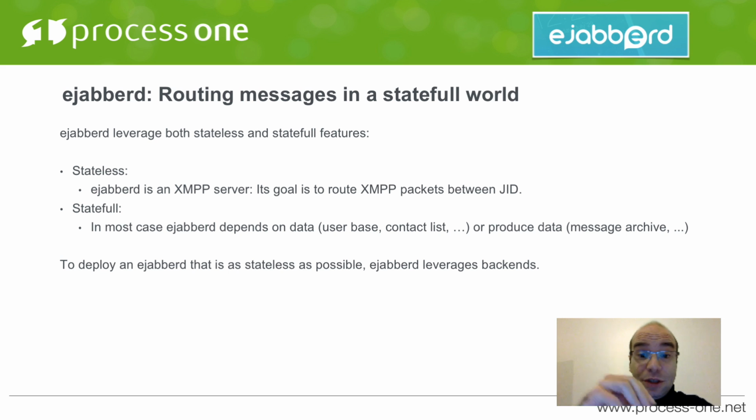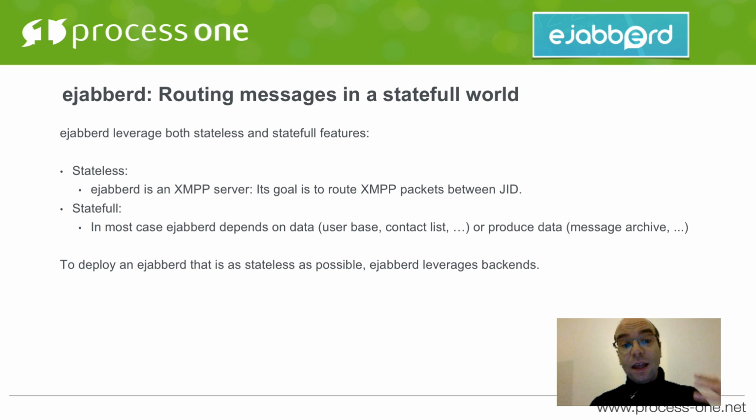Before, I mentioned that it's about routing messages between JIDs, but if you want to store the message history and let the user browse his message history later on, or for auditing purposes or anything, you're producing data, and you're not stateless anymore. You're stateful because you have data that you need to store.